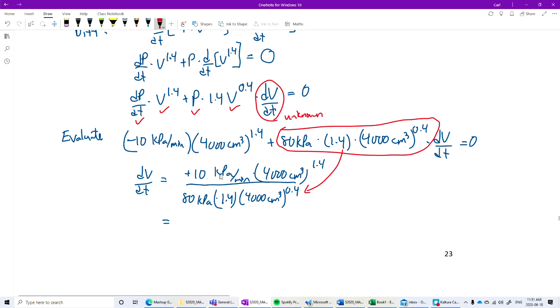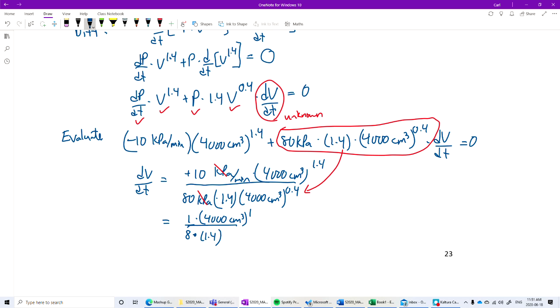So what cancels? That cancels. And I have 10 over 80, so let's just call that 1/8. And then down here I have the 1.4. And now if I do the exponent laws properly, 1.4 minus 0.4 is just to the power of 1.